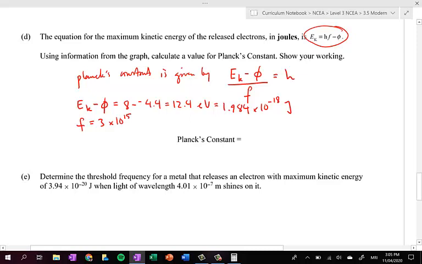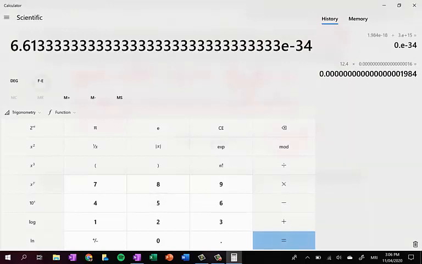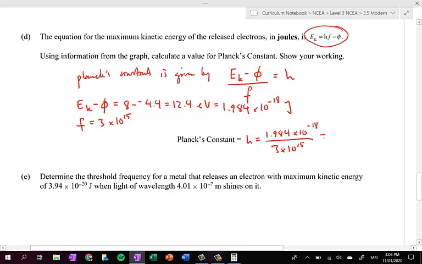And so we get our final value for h. h is equal to 1.984 times 10 to the negative 18 divided by 3 times 10 to the 15, which is 6.613 times 10 to the negative 34. That's in joule seconds. Note that this isn't exactly like the textbook value.